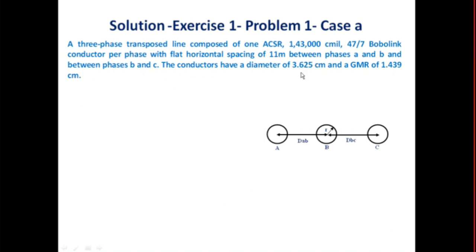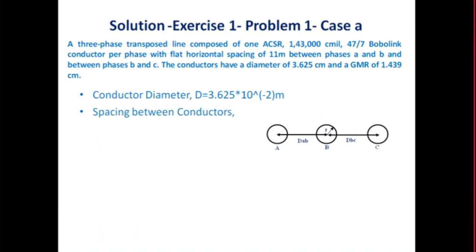Now let us solve the problem. First, let's see the inputs. First is the conductor diameter, given as 3.625. As a standard value in meters, I am writing it as 3.625 into 10 to the power minus 2 meters. Next, I am considering the spacing between the conductors. First, the spacing between conductors A and B, that is DAB, is equal to 11 meters.